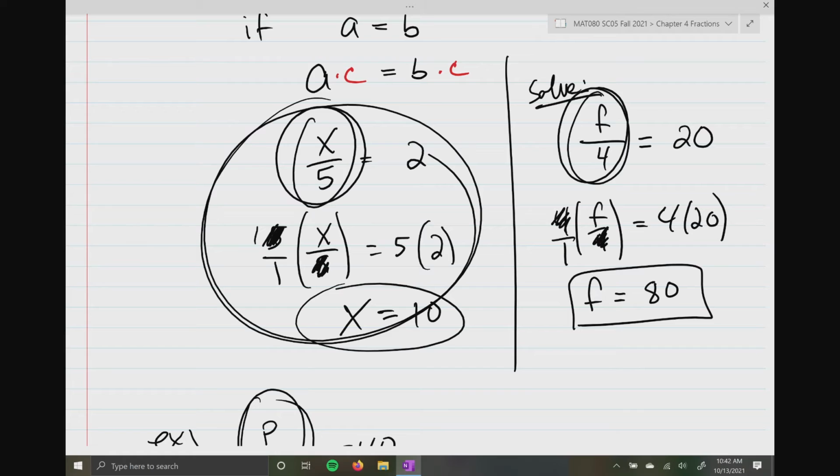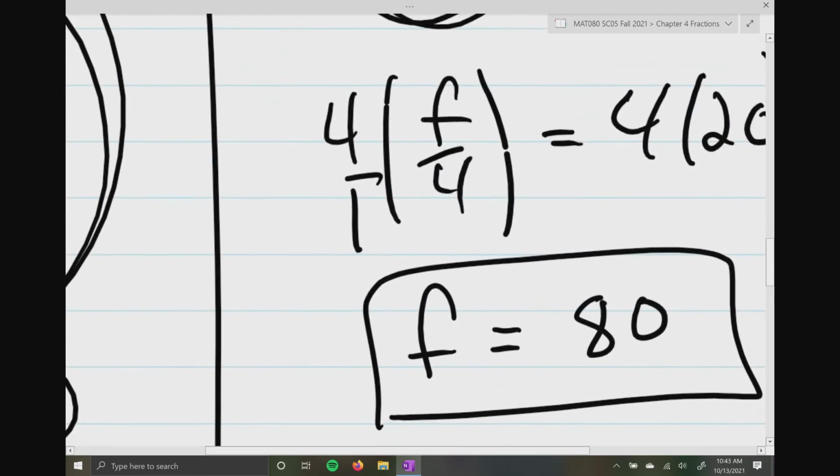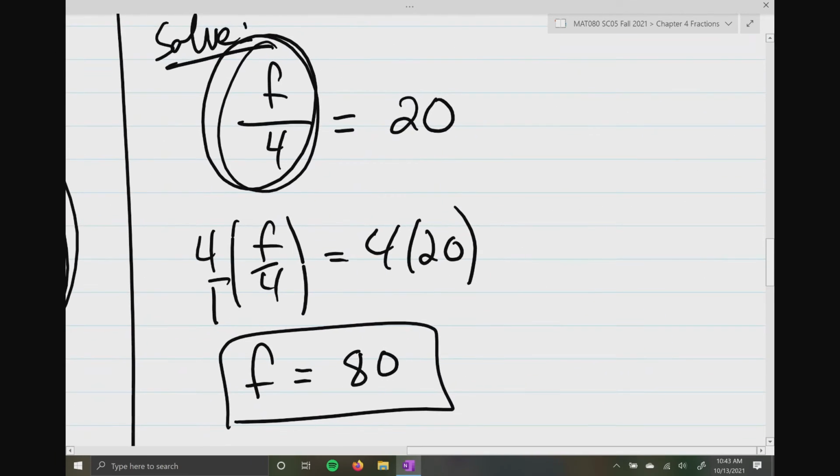Anybody? Why do we multiply both sides by 5? So that both numerator and denominator are crossed out. Good. Why do we multiply for the second problem right here on the right-hand side? Let me erase it. And I'll zoom in, so that's the only one we're looking at. Here, why did I multiply both sides by 4?